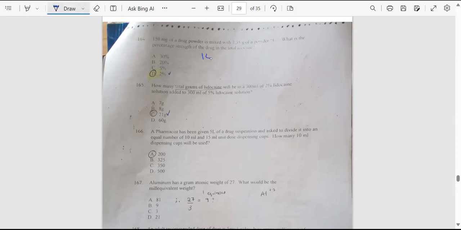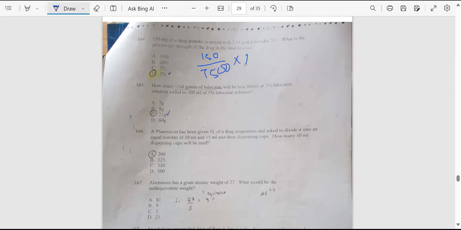So when 0.15 grams is mixed with 7.35 grams, the total resulting mixture will be 7.5 grams, right? Yeah. So it was just addition, we just needed to convert the figures.